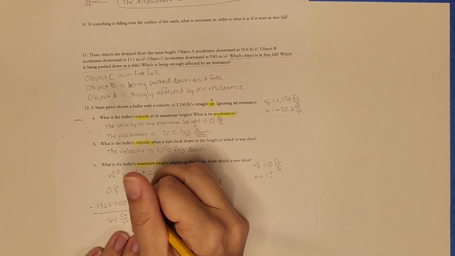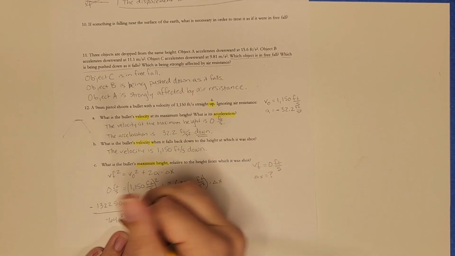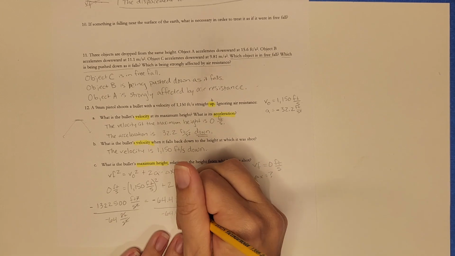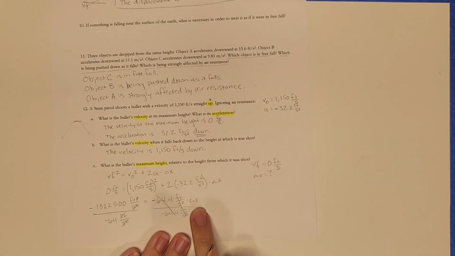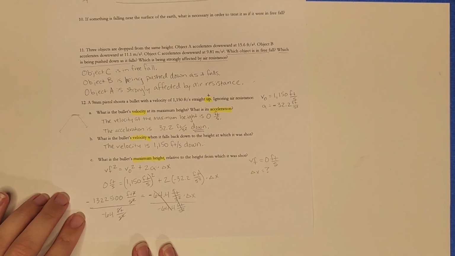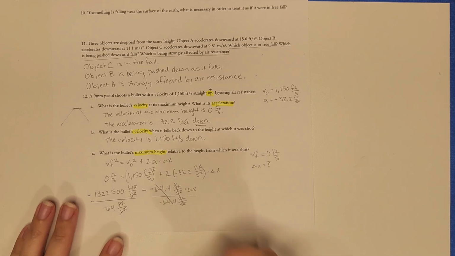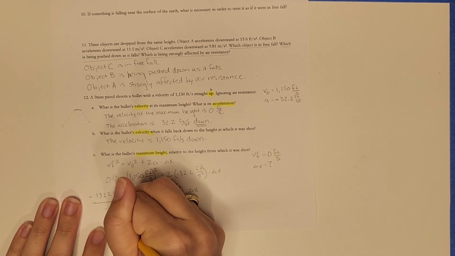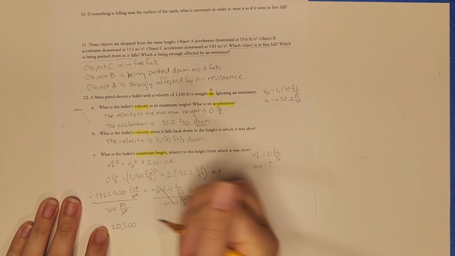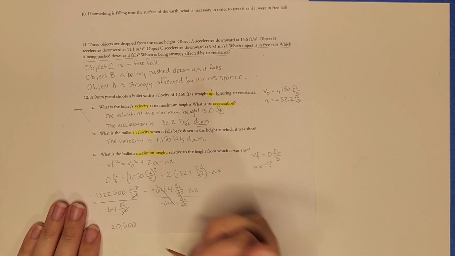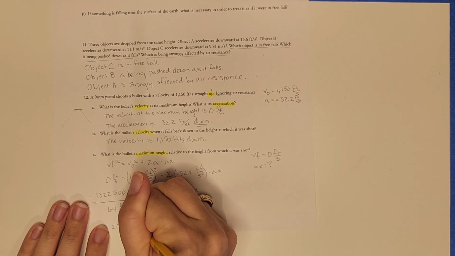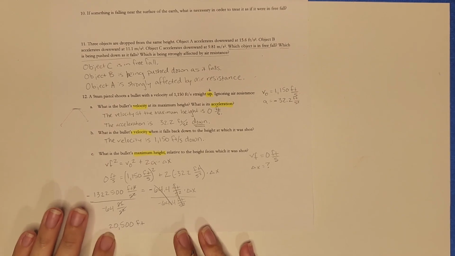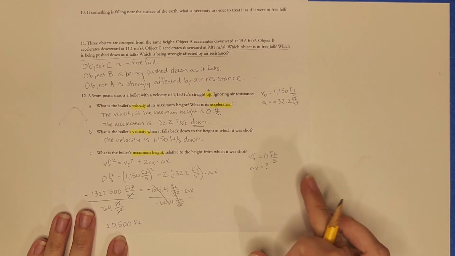Okay, and so one of my feet is going to cancel, both of my second squared will cancel, and I'm going to be left with delta x equals whatever this is. And what I end up with is 20,500 after I adjust for significant figures feet.